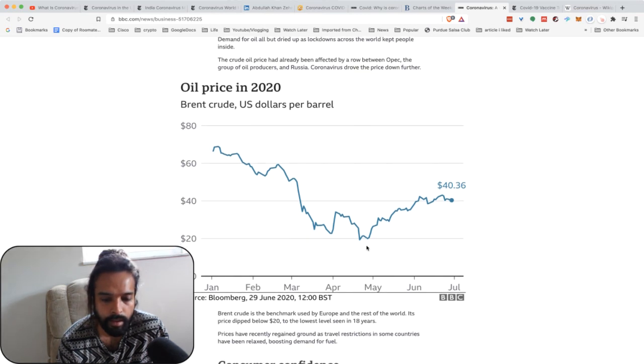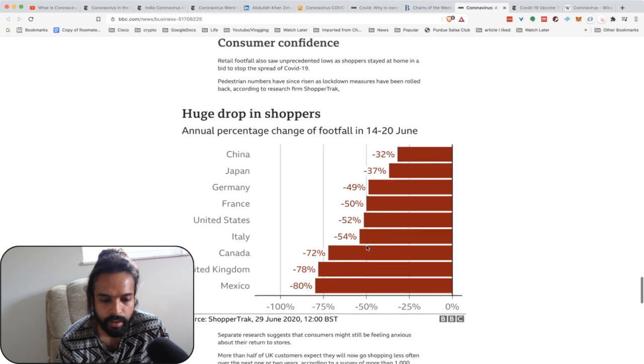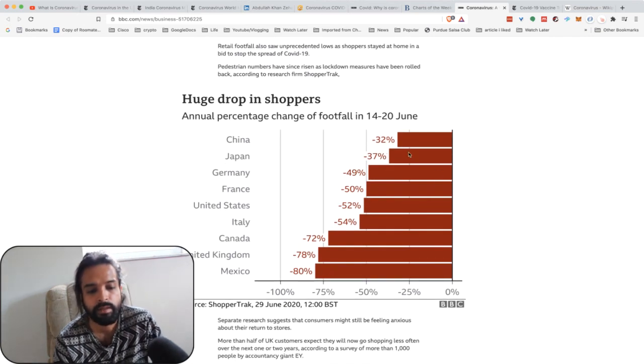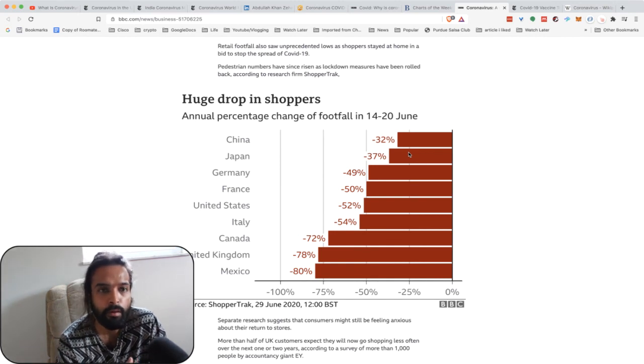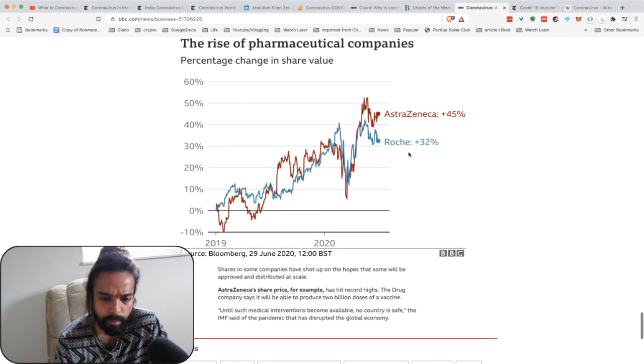Definitely, the demand has slowed down. That caused a huge drop in shoppers. So basically traveling, shopping, all this. That means all the venues, where many millions of people work, and all that working class population have lost their jobs. The rise of pharmaceutical companies.